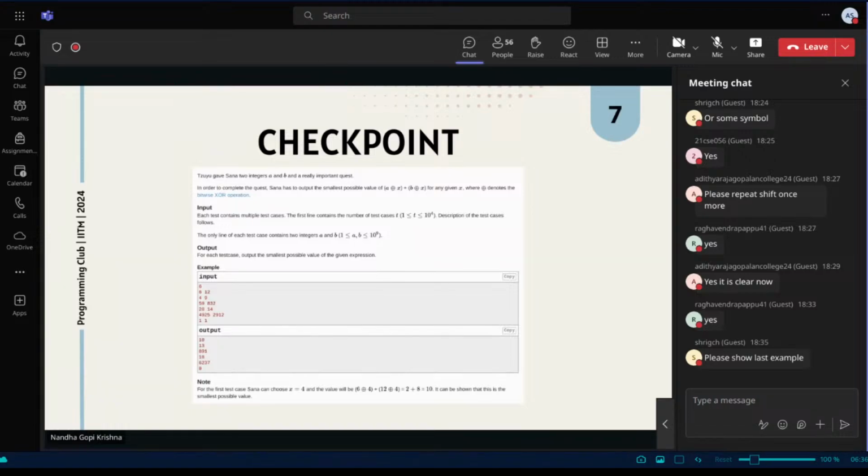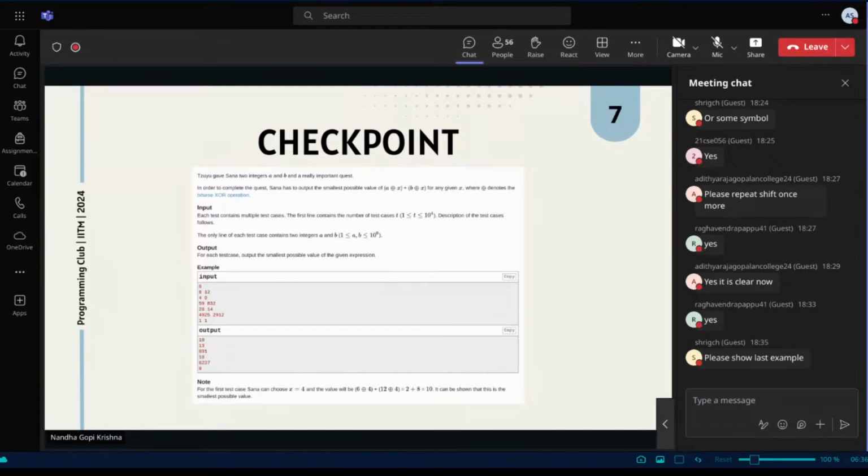It is pretty simple. You are given two integers a and b. You have to output the smallest possible value of a XOR x plus b XOR x. So simply find out the x for which a XOR x plus b XOR x gives you the minimum value.